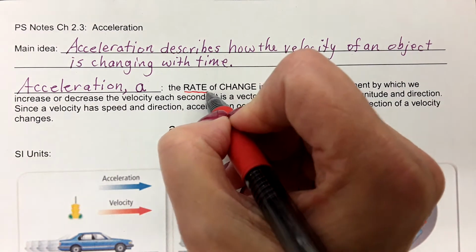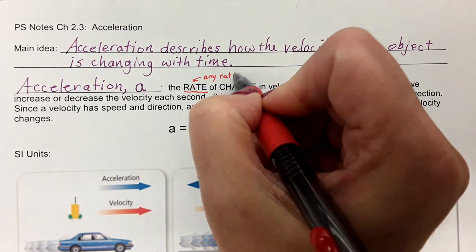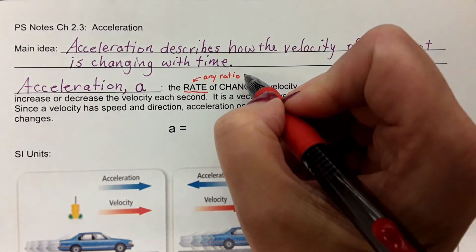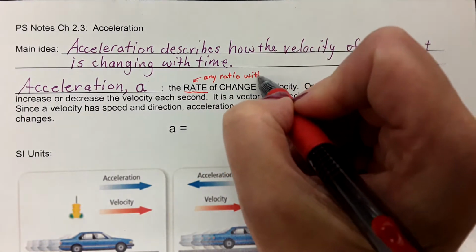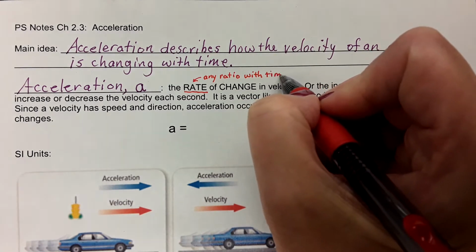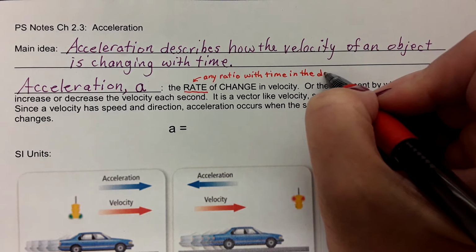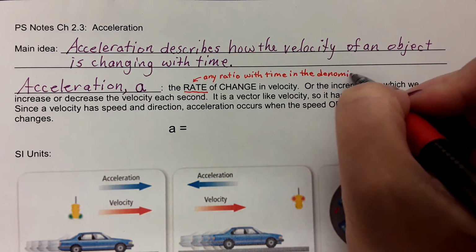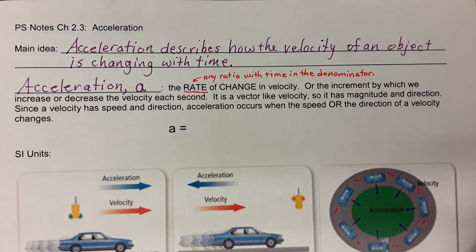A rate is any ratio, and you all know what a ratio is. It's one number divided by another. It's any ratio with time in the denominator, the bottom part of the ratio, all right?